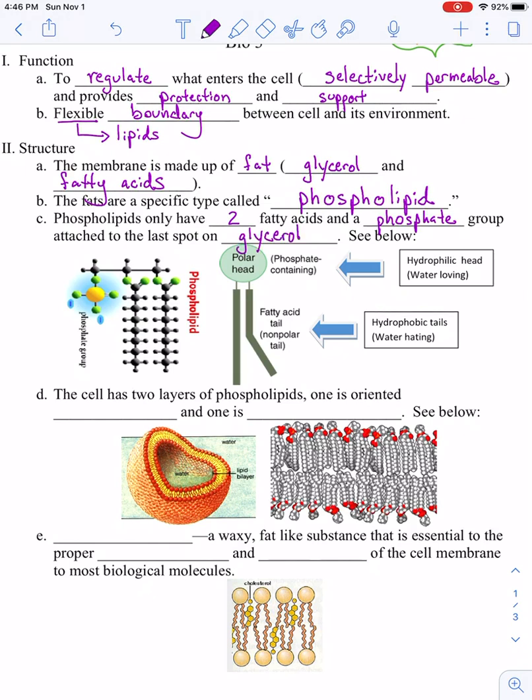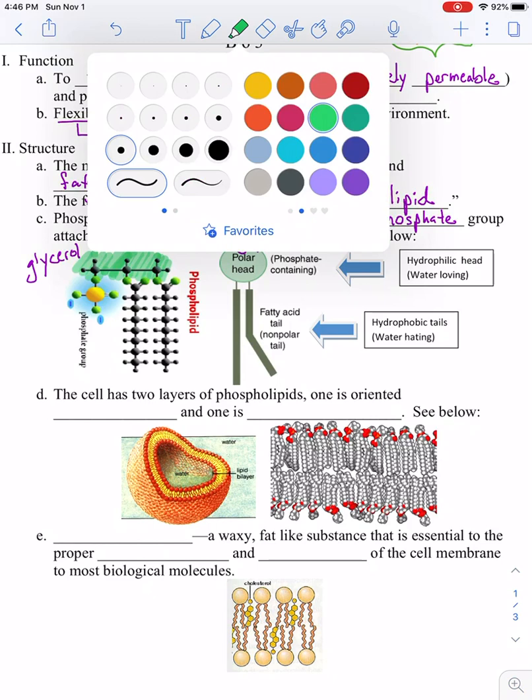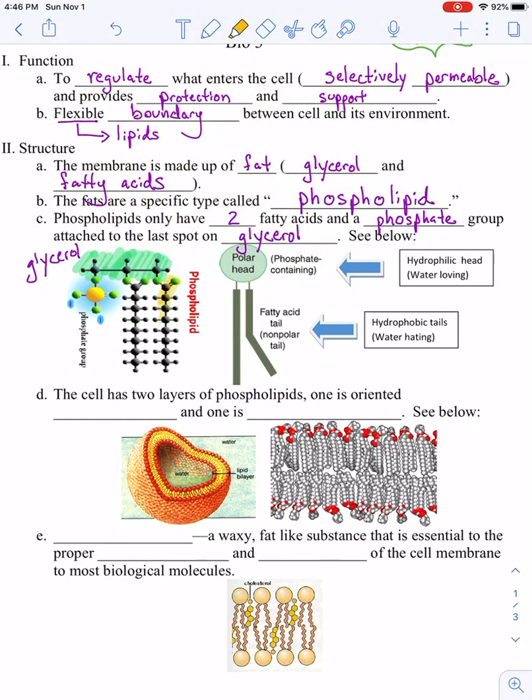A nice depiction of that is here. So I'm going to use my highlighter, and I'm going to highlight the glycerol, and I'm going to label it. And I'm going to take another color, and I'm going to highlight the fatty acids. So you've got 1 fatty acid, 2 fatty acids, and I'm going to label them.